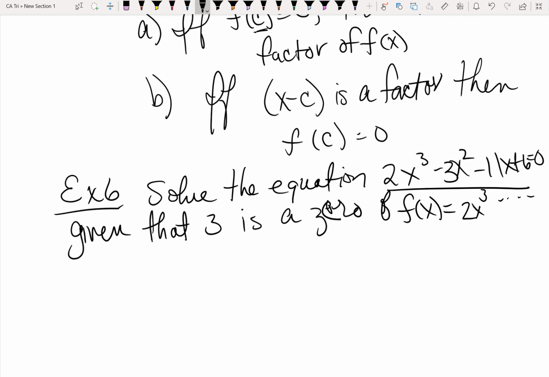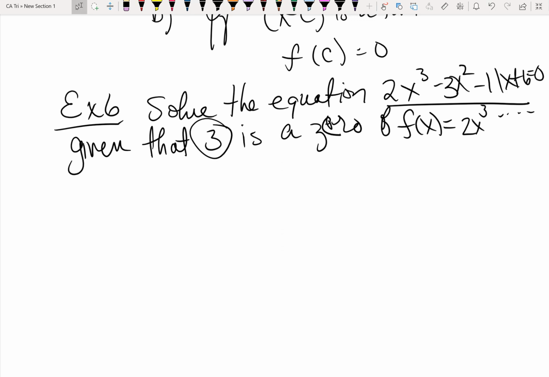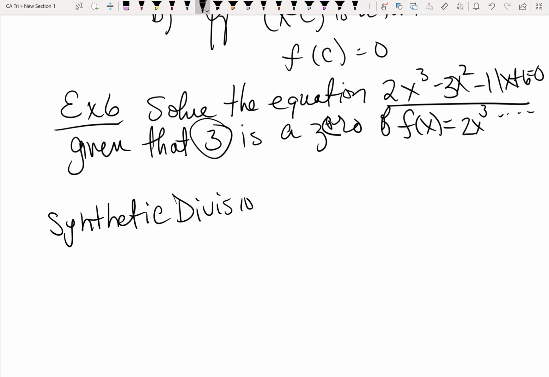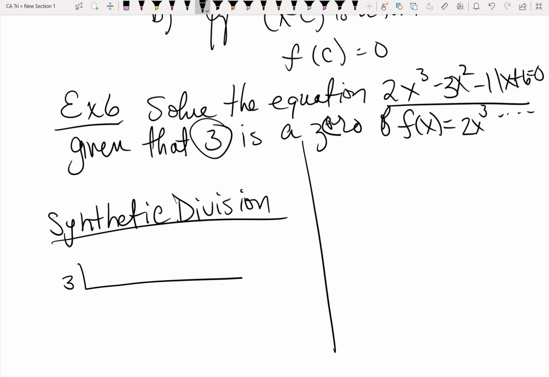So if that's the case, since they're giving you 3, you're going to use the 3. In synthetic division, you're going to use the 3 out here, and we're going to use the coefficients 2, negative 3, negative 11, and 6, which are given to you in the polynomial equation.